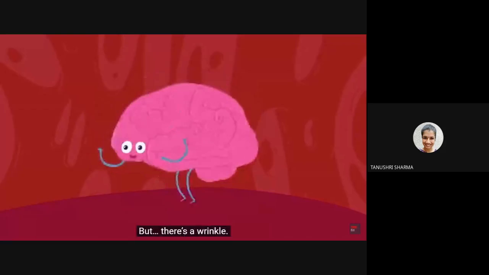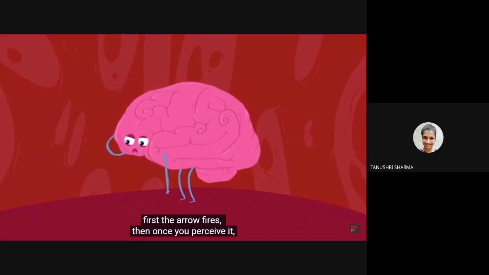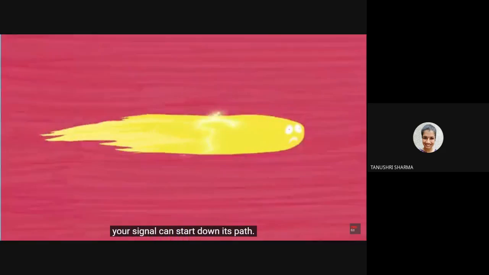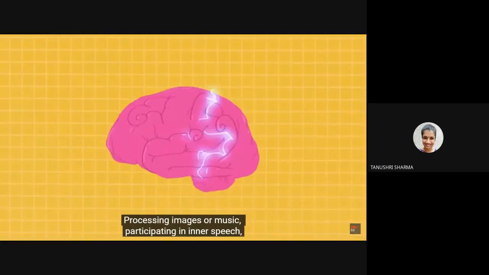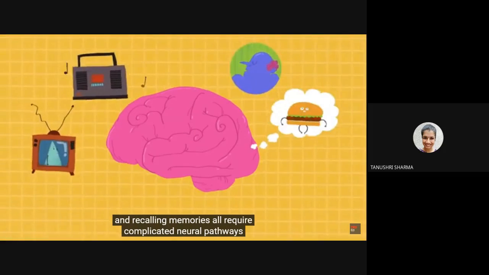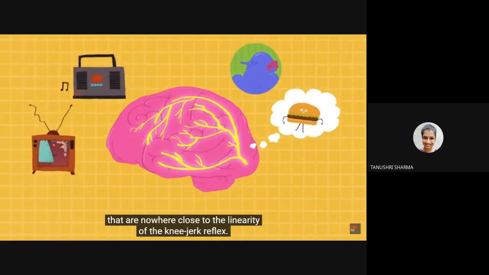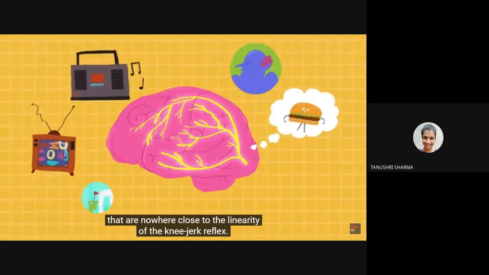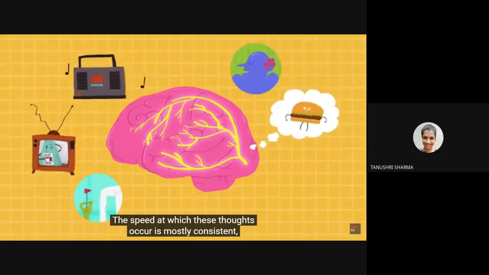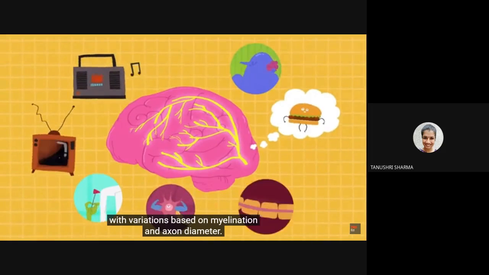But there's a wrinkle. The arrow and your thought don't leave the gate at the same time. First, the arrow fires. Then, once you perceive it, your signal can start down its path. Processing images or music, participating in inner speech, and recalling memories all require complicated neural pathways that are nowhere close to the linearity of the knee-jerk reflex. The speed at which these thoughts occur is mostly consistent, with variations based on myelination and axon diameter.